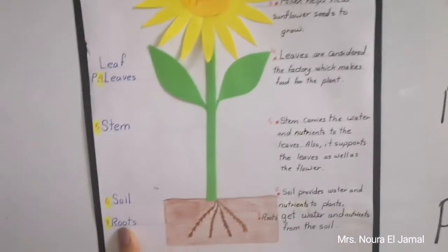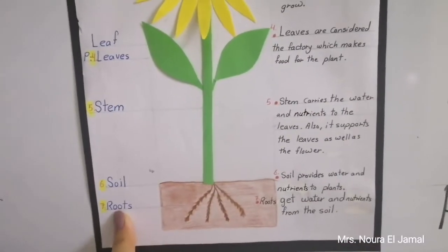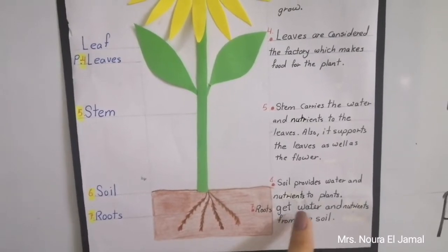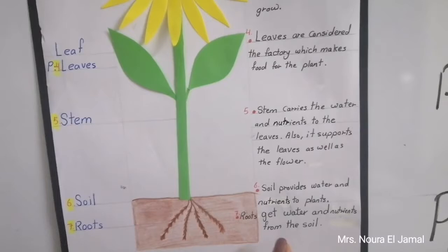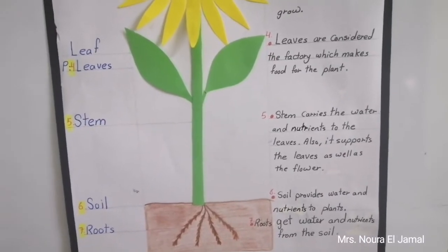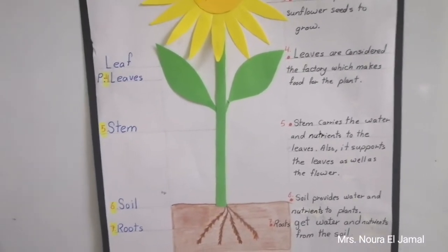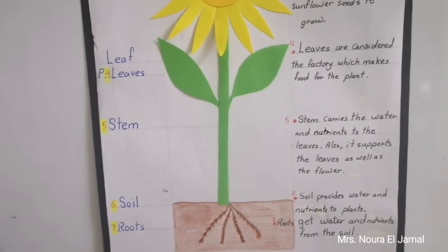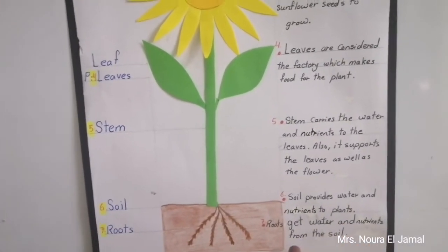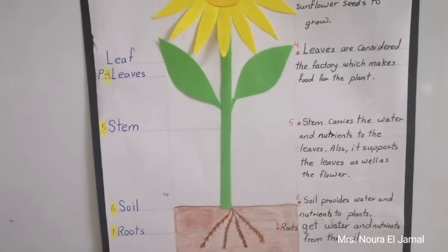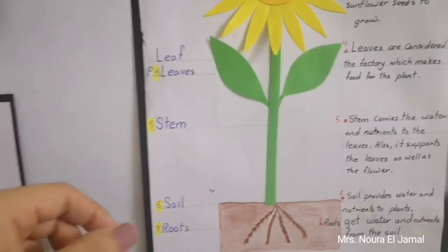What is the function of roots? Roots get water and nutrients from the soil. What's the meaning of nutrients? Nutrients, it's like the food. So roots here get water and nutrients from the soil. Okay. What's the second part?